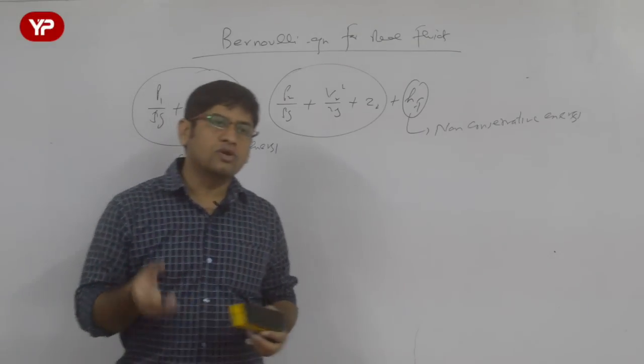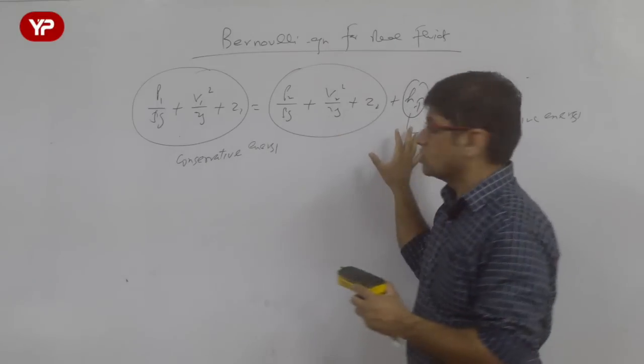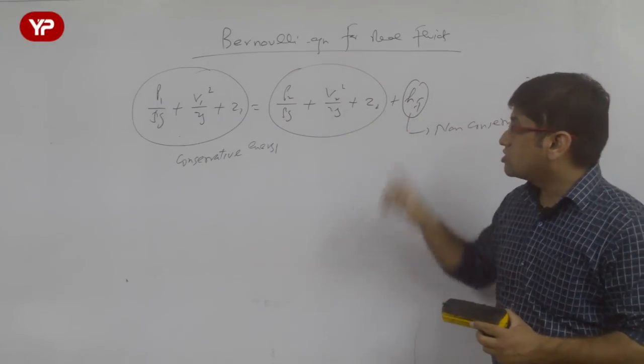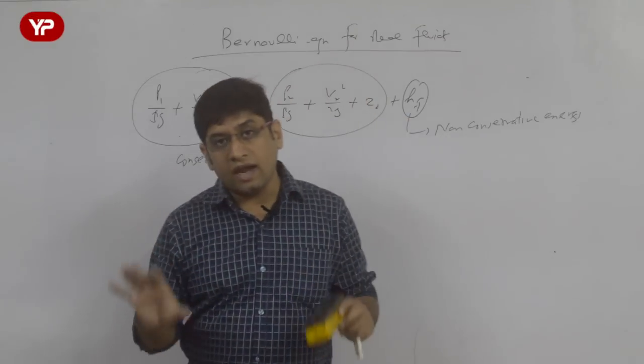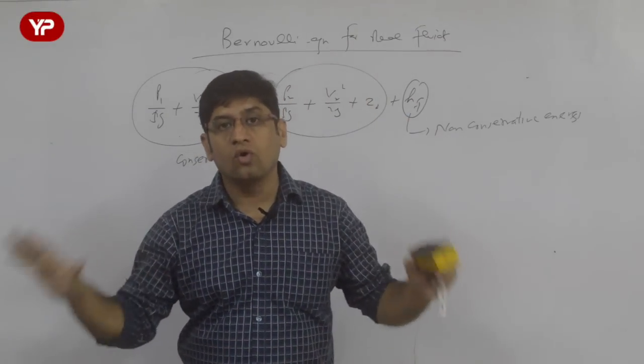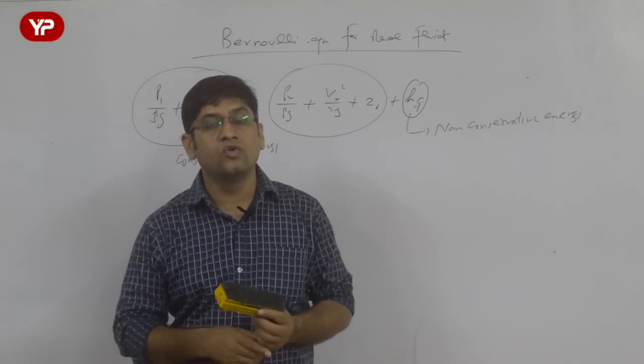So whenever you are asked to write Bernoulli equation for real fluid, you write it in terms of energy loss or head loss. Now this is the only equation, listen to me carefully, which can tell you the direction of flow of fluid. Conservative energy terms cannot tell you direction of fluid flow.